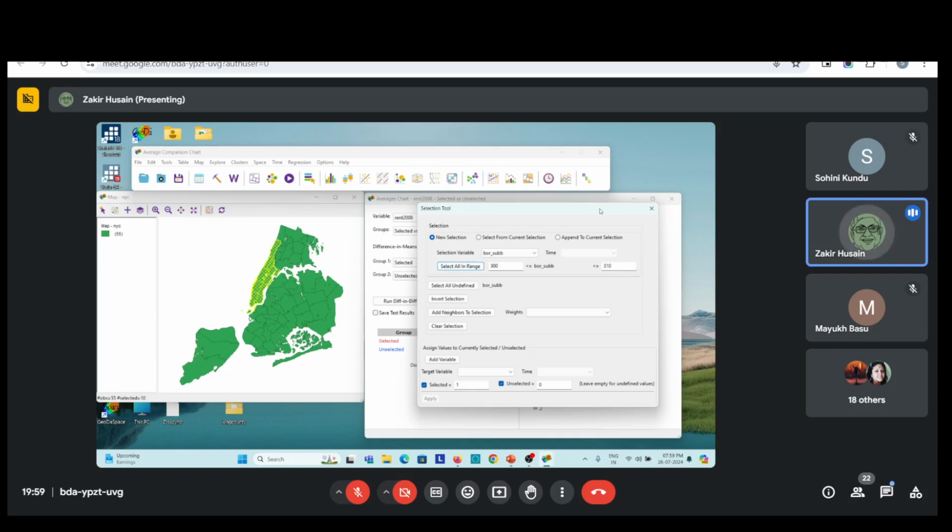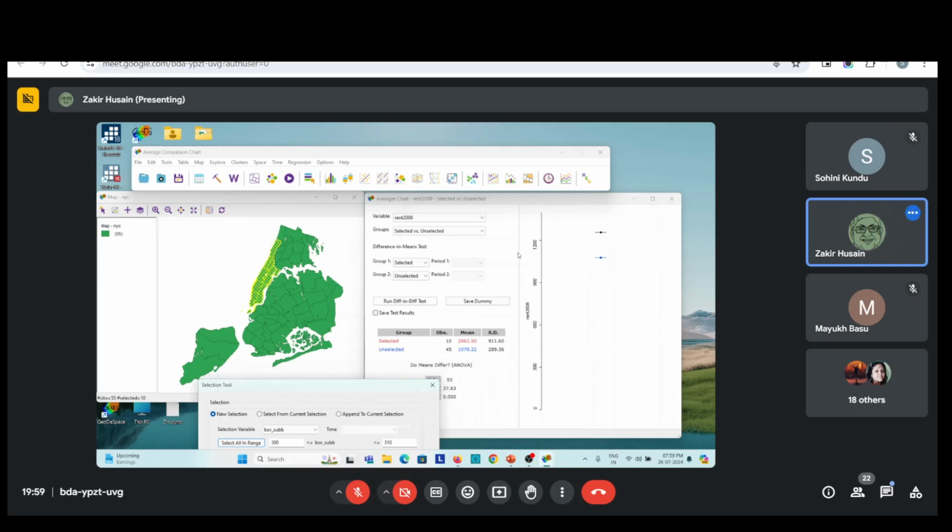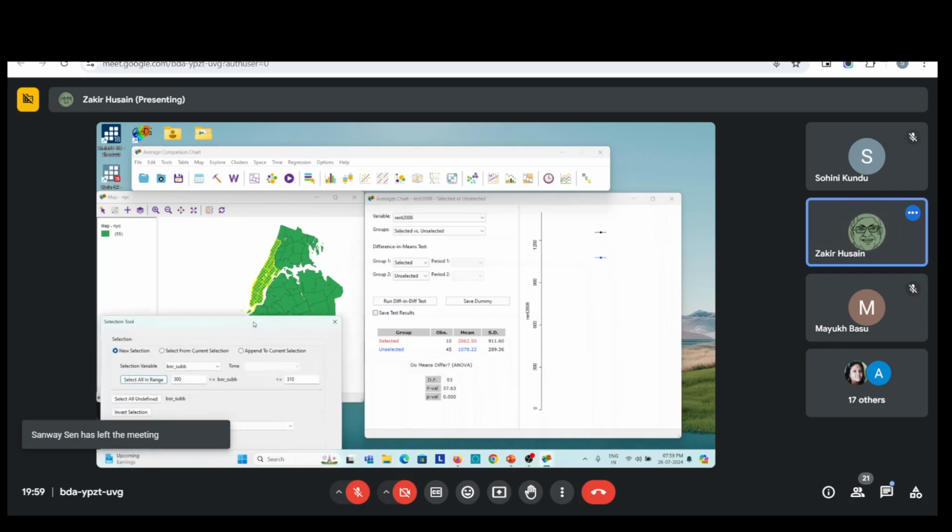So you can see that the Manhattan region is selected. And now let us see, this is Manhattan, 10 boroughs. The rental value is 2062. The remaining areas, much less.